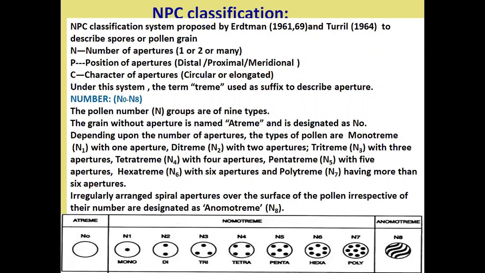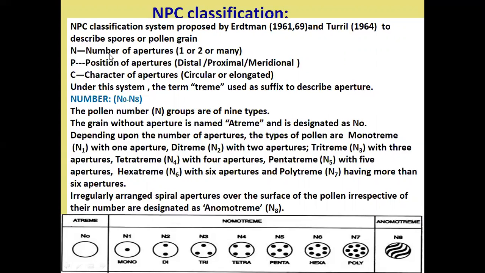The NPC classification plays an important role in the description of spores and pollen grains. Under this system, the term tremy is used as a suffix to describe the aperture. Generally we use one Greek terminology, tremy, as a suffix to describe the aperture.